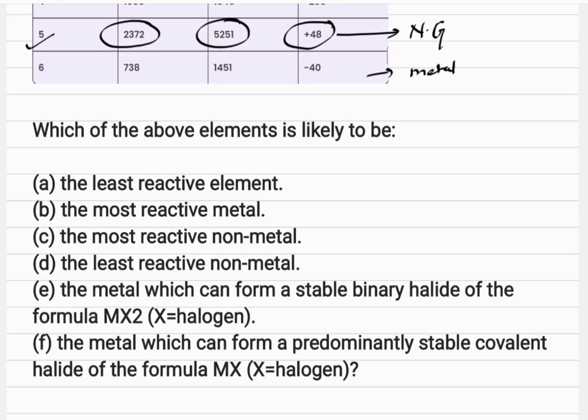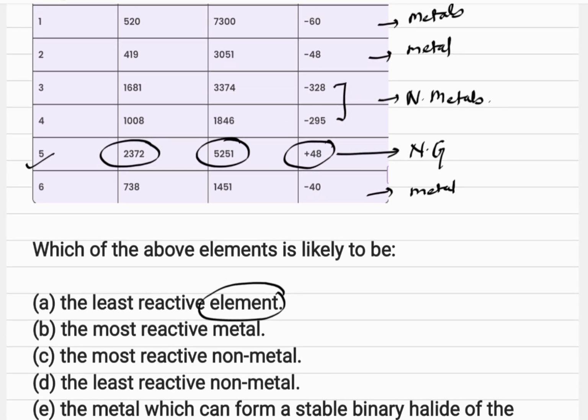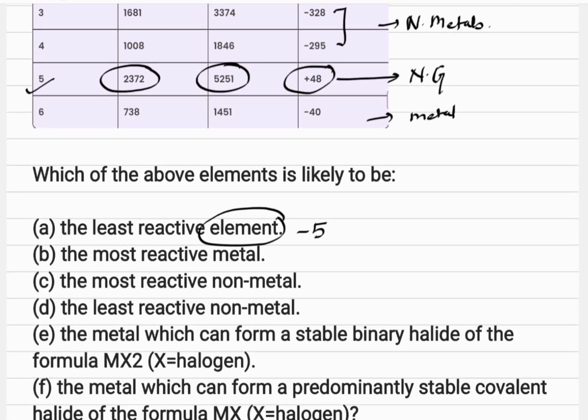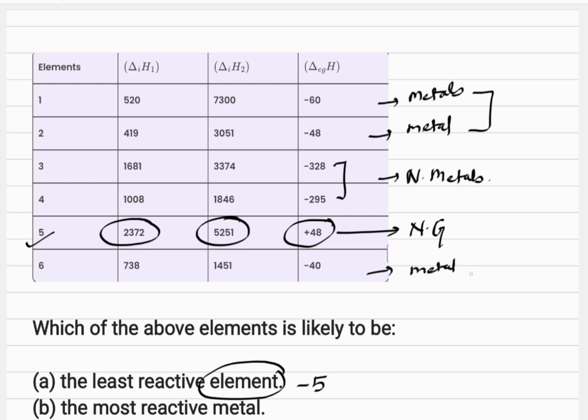So the first question is the least reactive element. It says element, that means it can be a noble gas as well. And we know that noble gases are least reactive, so it's an easy answer that element 5, the fifth element, is the least reactive element. Moving on, the most reactive metal. Most reactive metal would be the one which has, first of all, we have these three choices only, 1, 2 and 6.